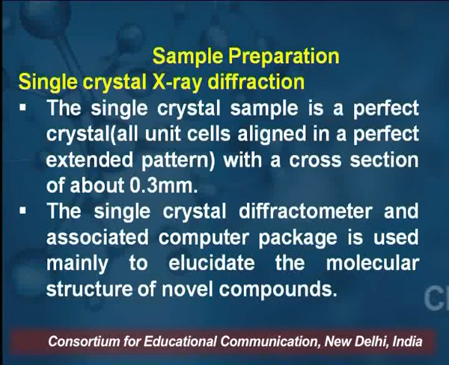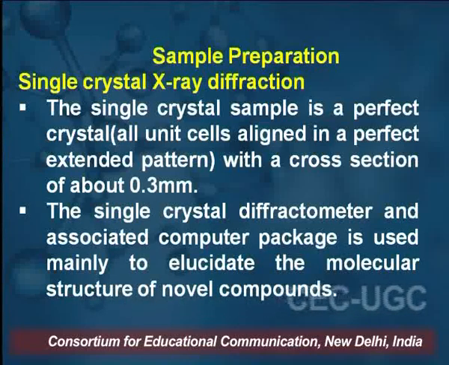Here we see the single crystal sample is a perfect crystal. All unit cells are aligned in a perfect extended pattern. The cross section of this sample is approximately 0.3 mm. So we cut a crystal in such a manner that we can get the perfect unit cell, and its cross section may be 0.3 mm.